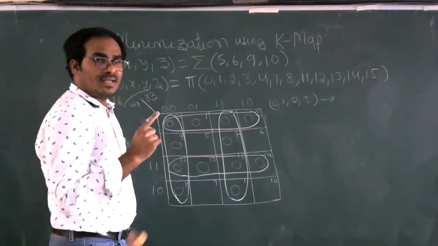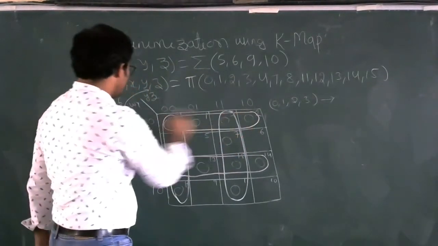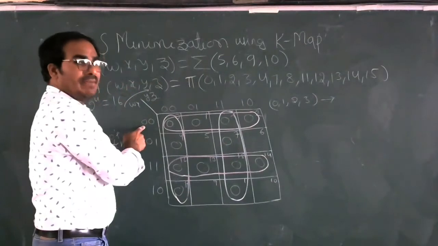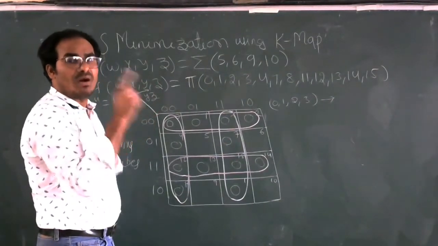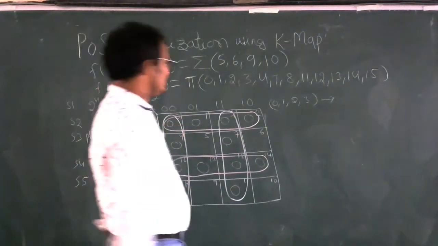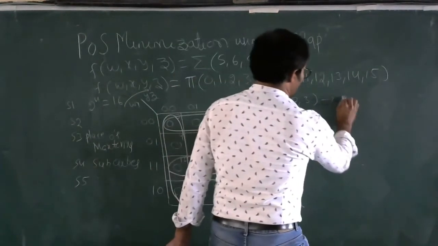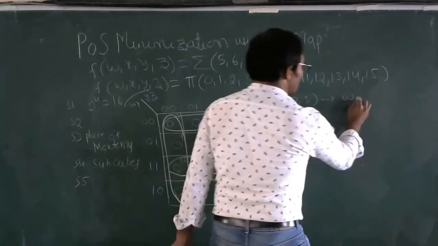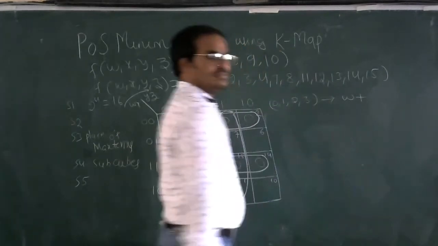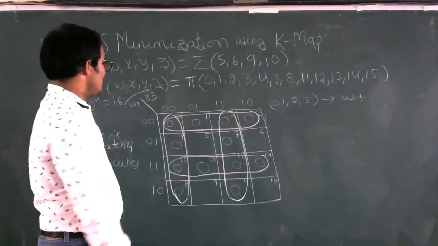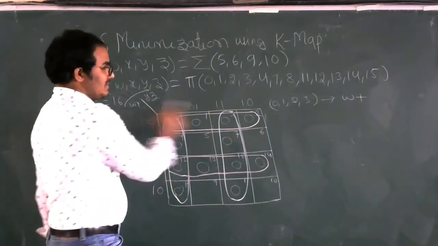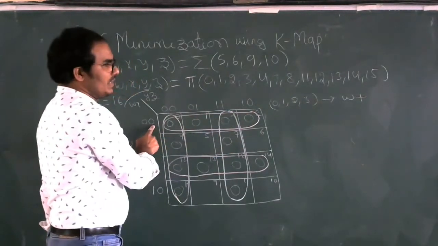So when a subcube covers a variable as 0, it will appear in the uncomplemented or normal form. Then we write it as W. Here plus will come: W plus. And variable X is covered by the subgroup as 0 only.